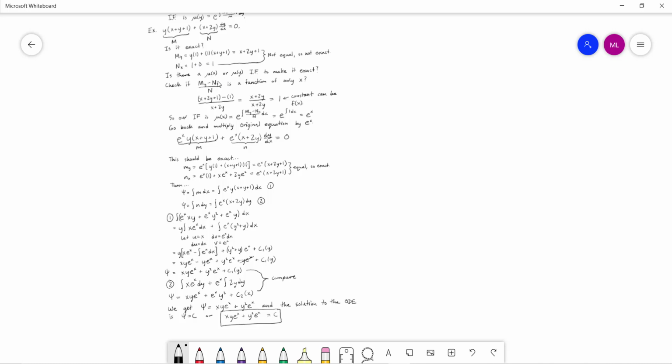Check to see if we could make it exact by checking both this and the equivalent of this, but dividing by m instead to see if they were a function. In this case, this was a function of only x, or the other variation was a function of only y. Once we saw that it was, we knew what our integrating factor could be. We multiplied the original equation by that integrating factor, and then we were basically back to square one, checking if it was exact. Once we saw that it was, go through the math and solve for psi.